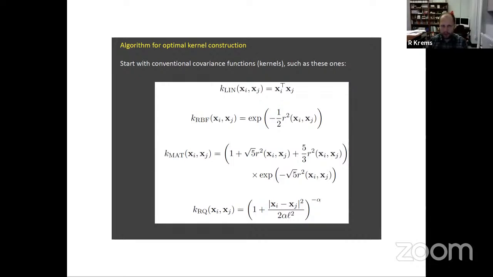You could also simultaneously optimize the variance of the noise, which we don't always do, but one can do that as well. But in any case, normally people would just choose one of those, build a Gaussian process and be happy with it.